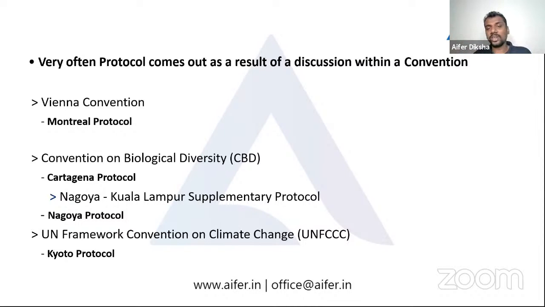There are different types of conventions, but when it comes to protocols, there are very few: the Montreal Protocol, the Nagoya, the Cartagena, Kyoto, and very few others. You can't count a large number of protocols, because the major reason is that protocols are legally binding, which most countries don't want to be a part of.